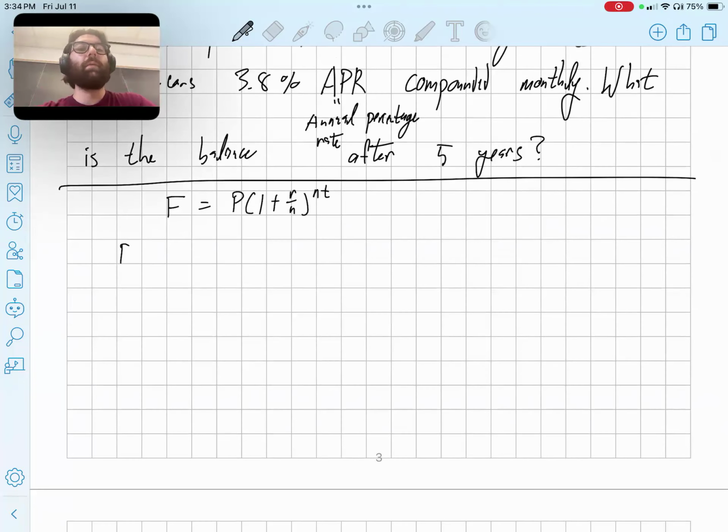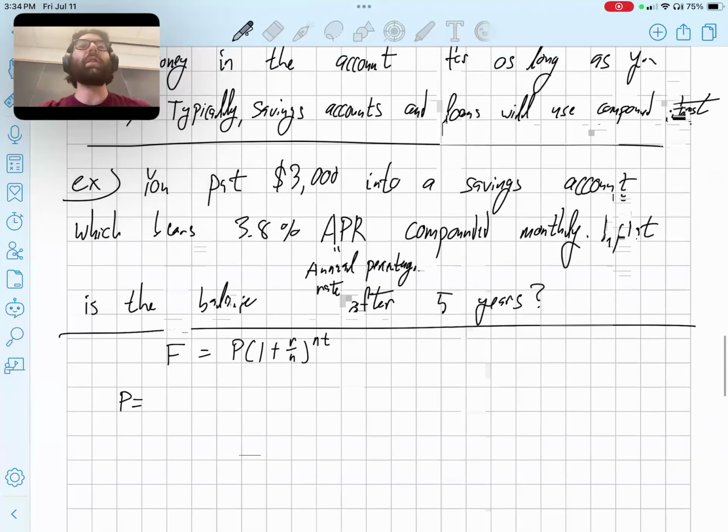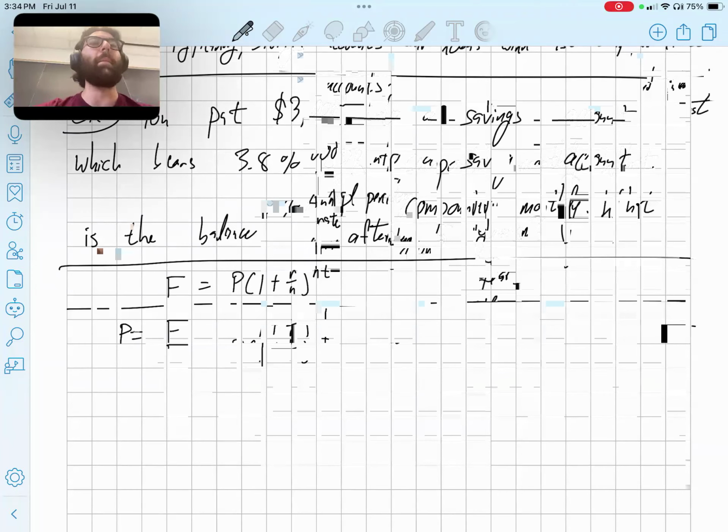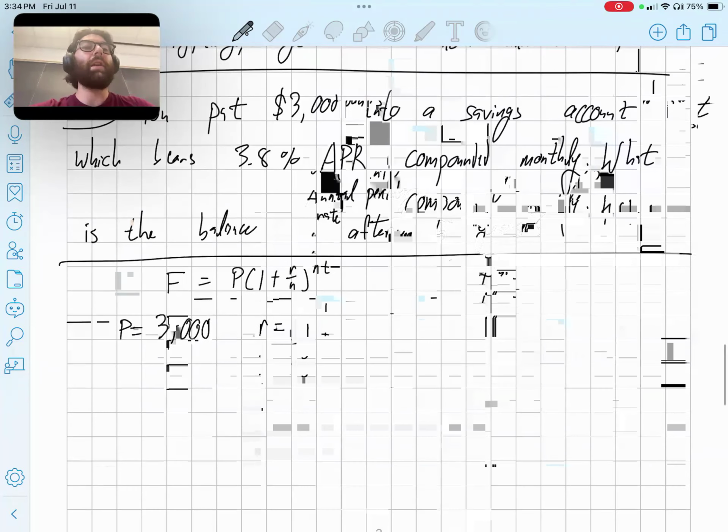So our principal, this is the amount we initially invest. That's $3,000. The other way of looking at it is the bank is taking out a loan from us for $3,000. So P is 3,000. R is the interest rate. So that's 3.8% as a decimal, which is 0.038. And N is the number of compounding periods per year.